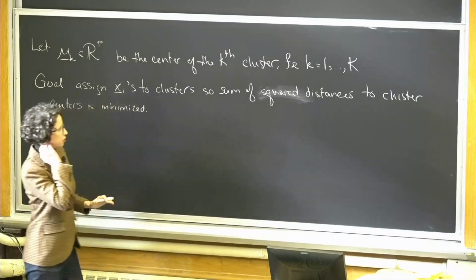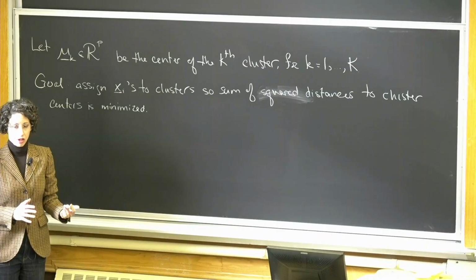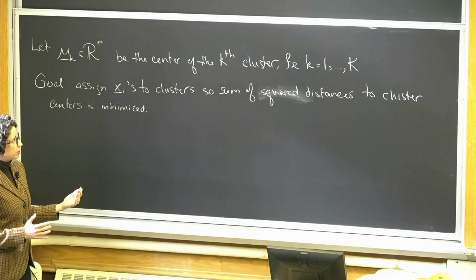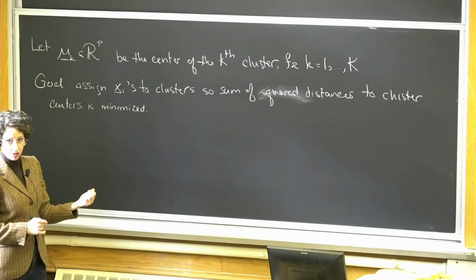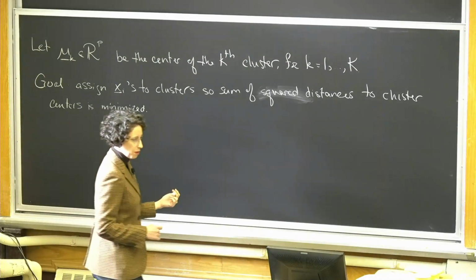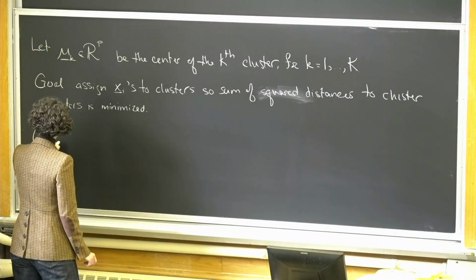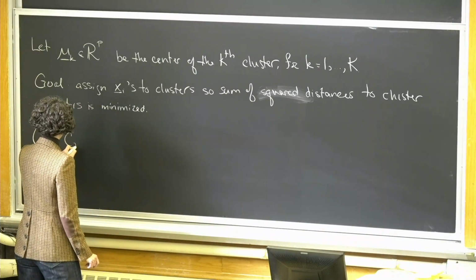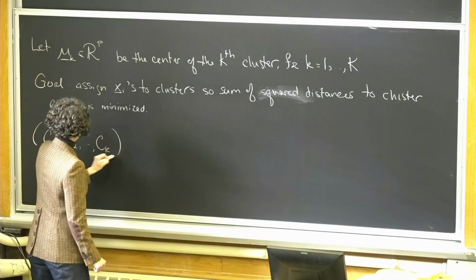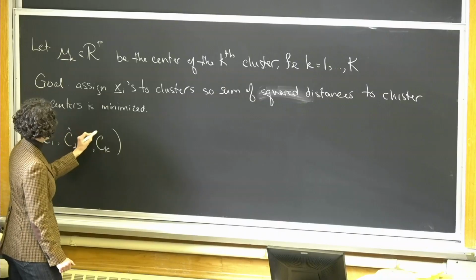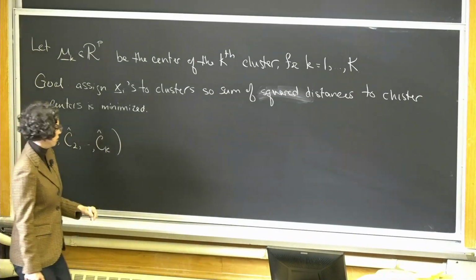Okay, so what we want to do is assign our points, the xi's, to the clusters so that the sum of the squared distances between each point and its assigned cluster center is as small as possible. So in other words, we're going to say here C1, C2, all the way through to C capital K. And then I'm going to put a little hat here to correspond to the output of our algorithm, our estimate of the clusters.